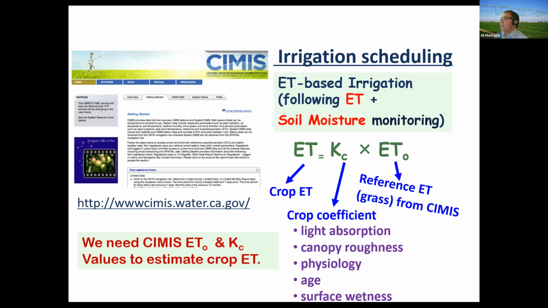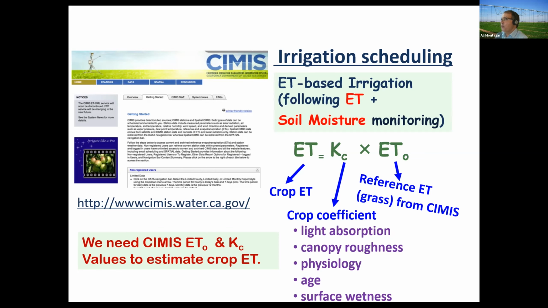ETo is reference ET. It's the ET for a well-managed, non-stressed grass. It comes from a CIMIS station. KC is a little bit complicated factor here; it is the crop coefficient. It depends on many factors. So KC value is individual for each crop.